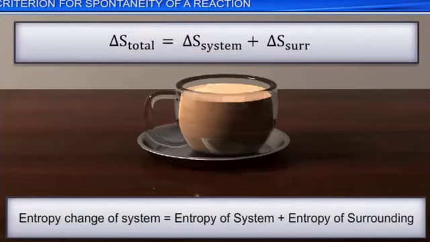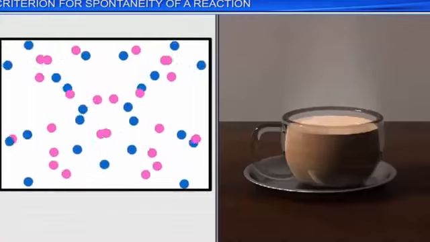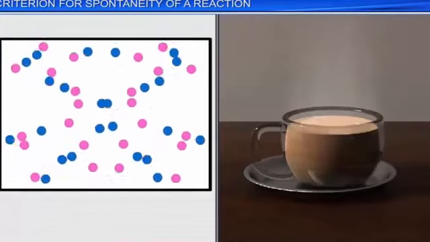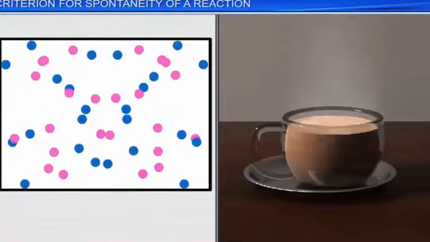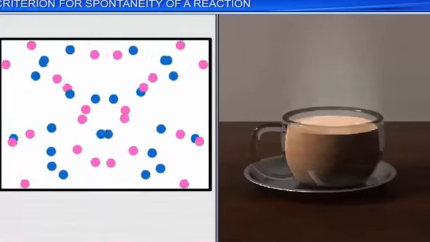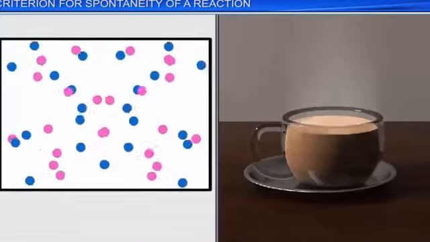Note that in both examples, the randomness or entropy keeps increasing until an equilibrium is reached. That is, the mixing of gases continues till a uniform mixture is formed, and the tea will lose heat till it attains room temperature.